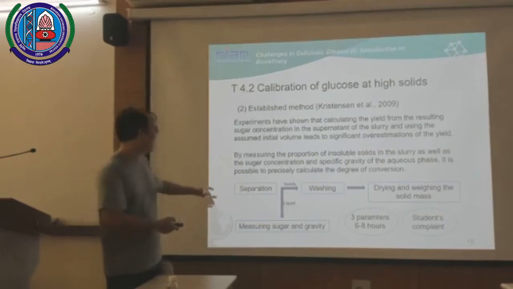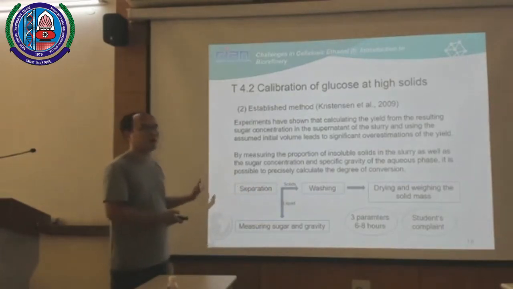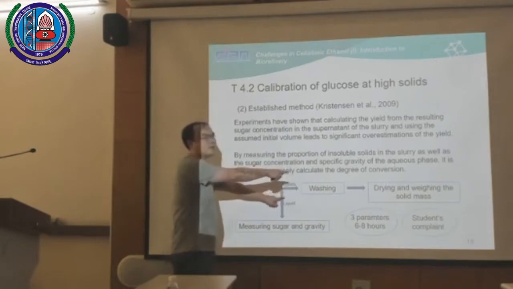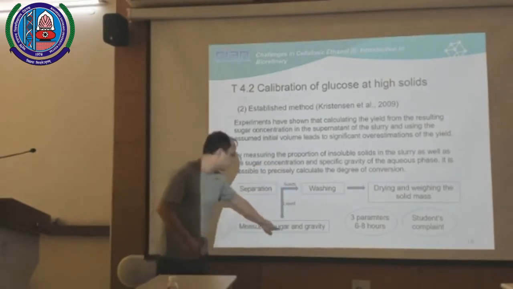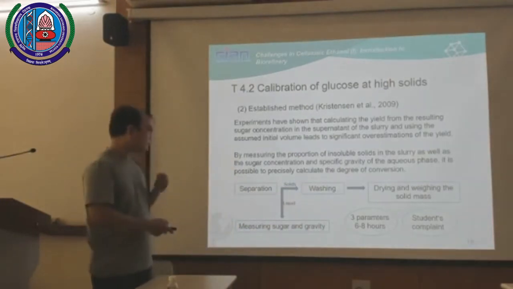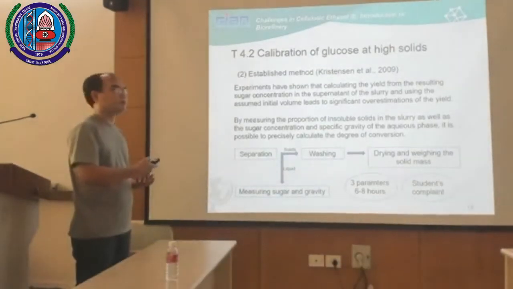So finally, he can get the real volume of the liquid, because he knows the solid residuals. Then he tested the sugar content and the gravity in the liquid. So finally, he can get very precise data using this method.